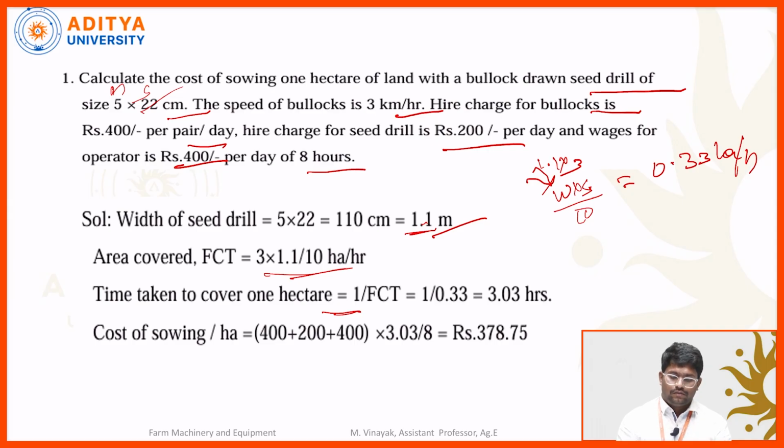So to cover 1 hectare of land area, the time taken is simply 1 by 0.33, that is 3.03 hours.